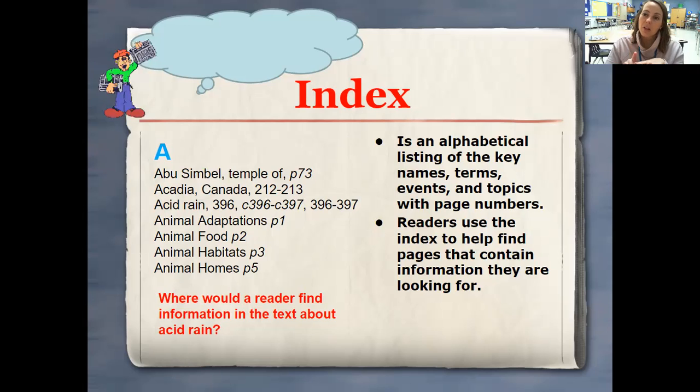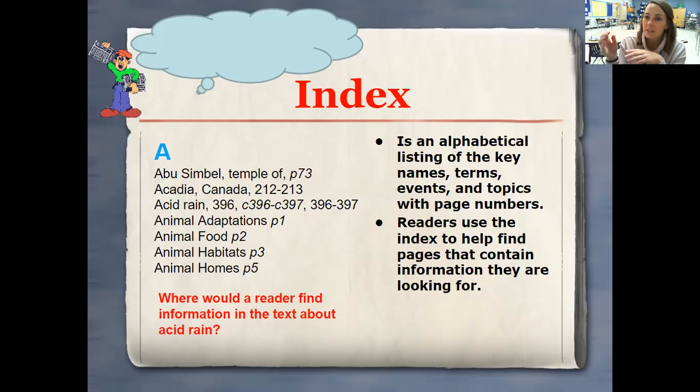Now, the table of contents is usually at the very beginning of the book. The index is usually at the very back of the book, okay? So it's kind of like the table of contents, except it's a lot more in depth. It gives you every single topic in the book. And also it's in ABC order. So that kind of helps.